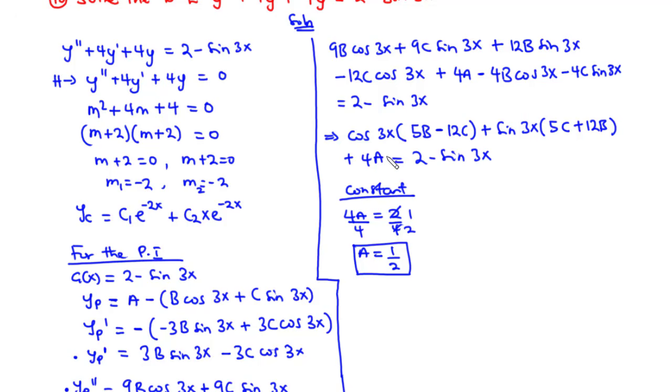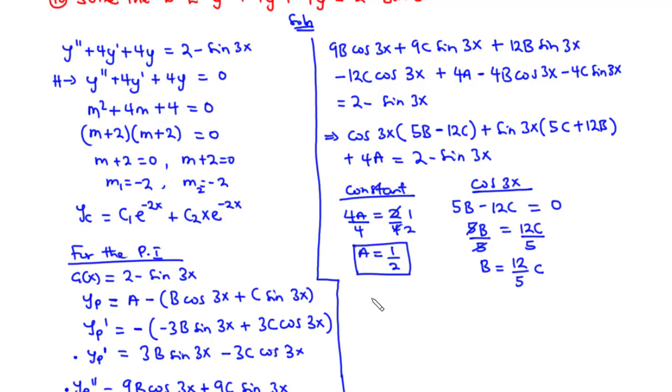Now for cos 3x we have 5b minus 12c to be equal to, now we have no term containing cos 3x, so that should be equal to 0. Hence we have 5b equals 12c. We divide through by 5, and then we have b equal to 12 over 5c. So that is the expression for b.